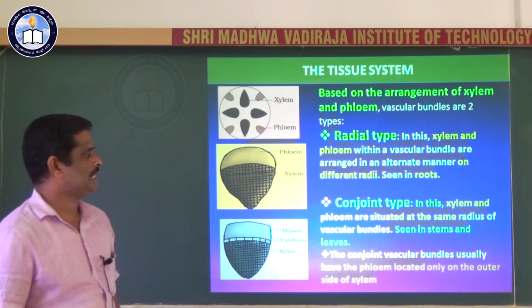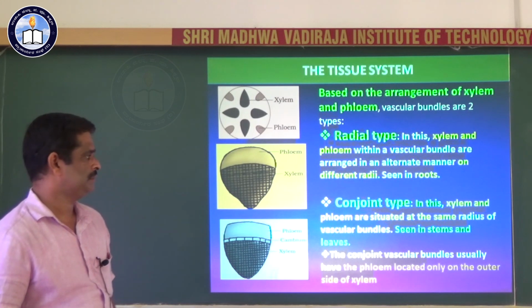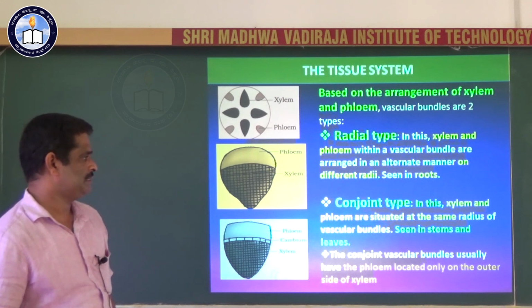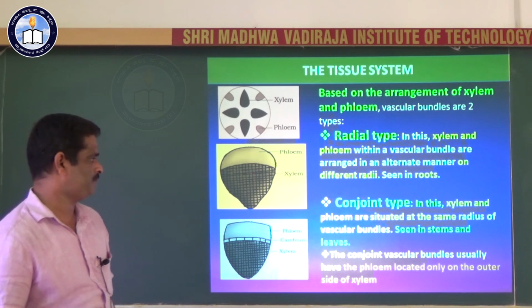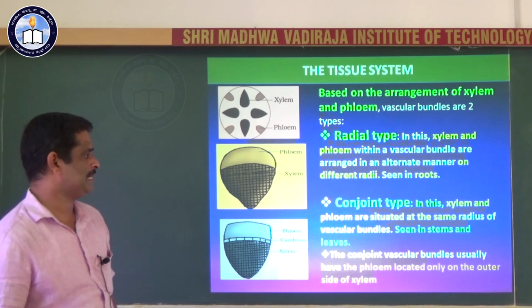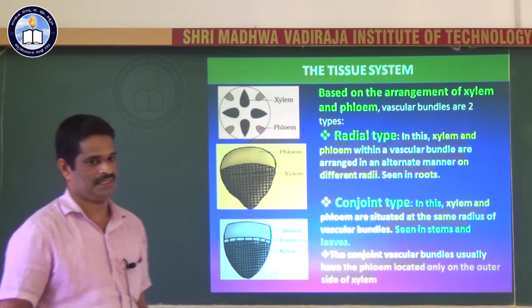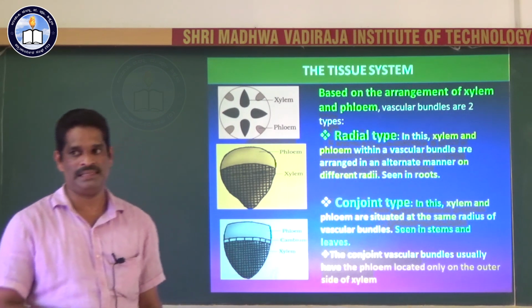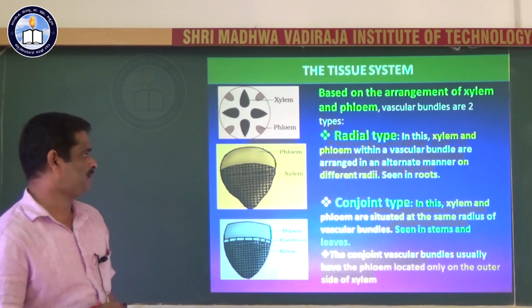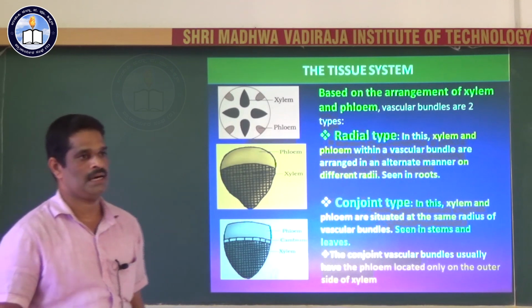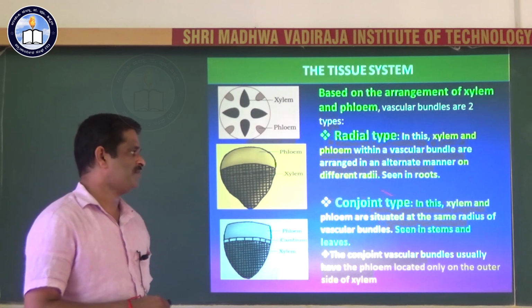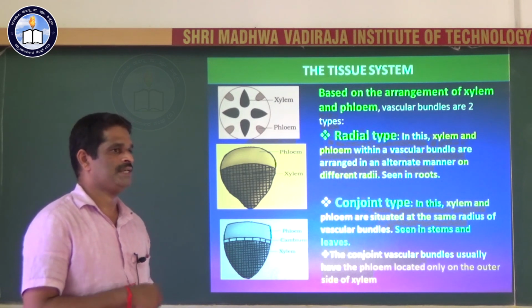What is a conjoint vascular bundle? The conjoint vascular bundle means the xylem and phloem are situated at the same radius of the vascular bundle. If xylem and phloem occur in the same bundle, then it is called the conjoint type of vascular bundle. This conjoint type is again classified into two types.